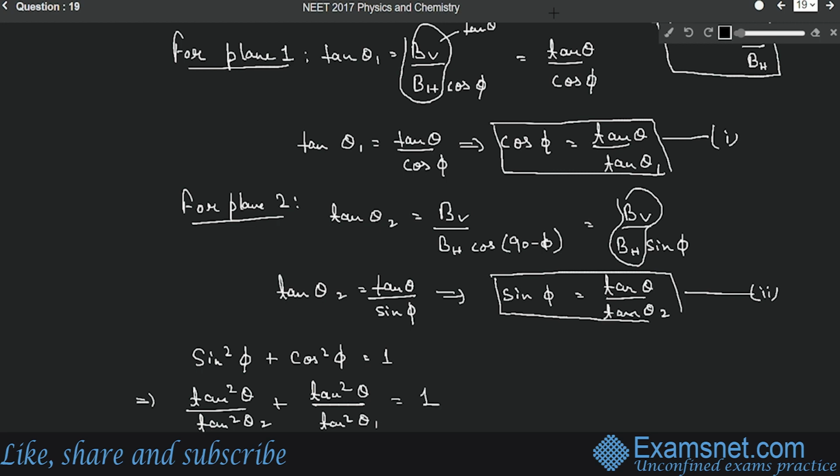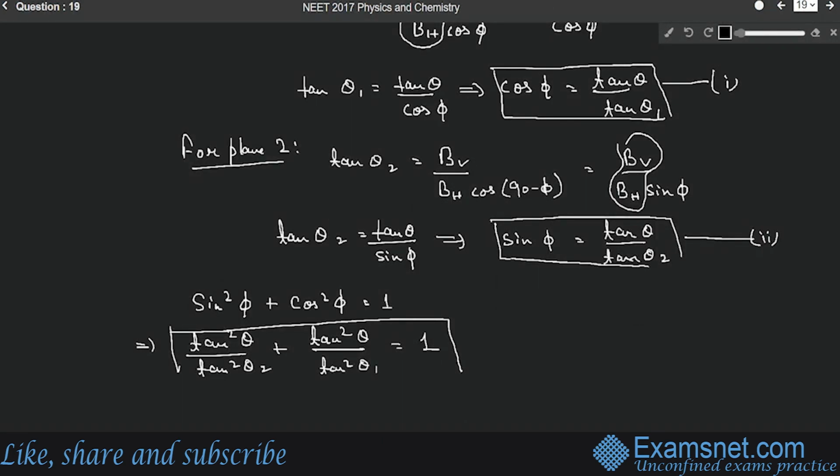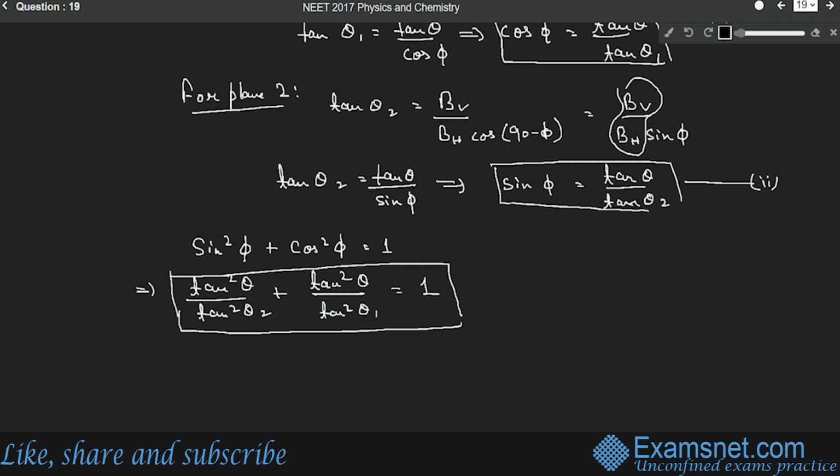Another important thing here. Now we just have to simplify these things, because this is not given in the answer. So how can we do this? Let's take tan square theta common. Taking tan square theta common, we get 1 by tan square theta 2 plus 1 by tan square theta 1, that will be equal to 1.